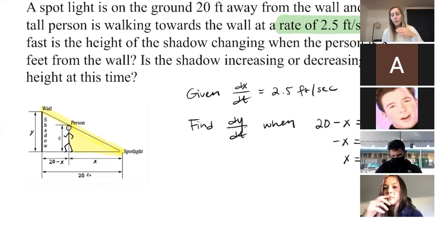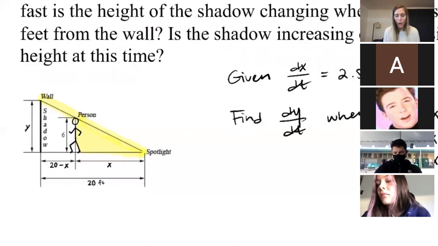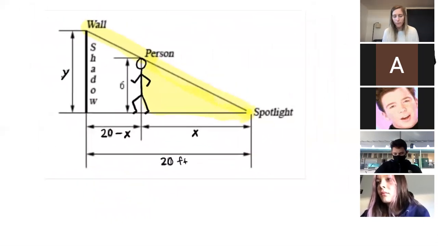So we've stated the rate that we're given. We've stated the rate we're trying to solve for. We need to come up with the relationship between the quantities that are changing, which are x and y. So going back to the picture, coming up with this relationship is slightly different than the other examples that we've done.